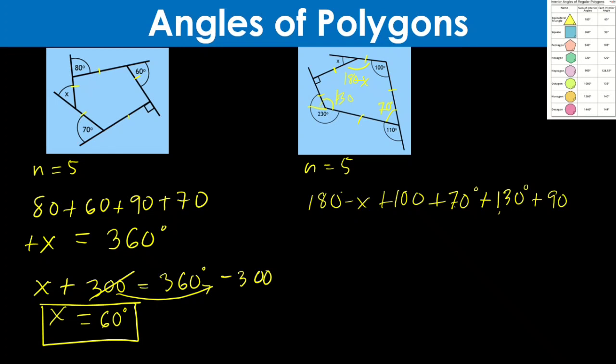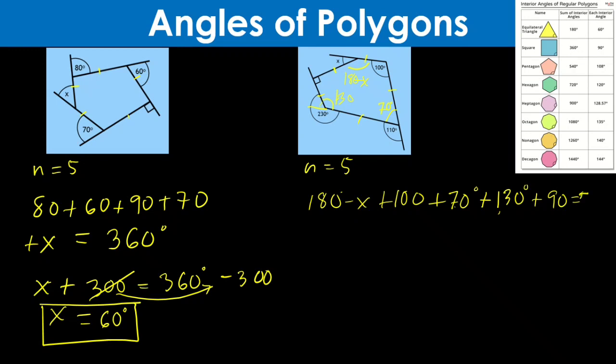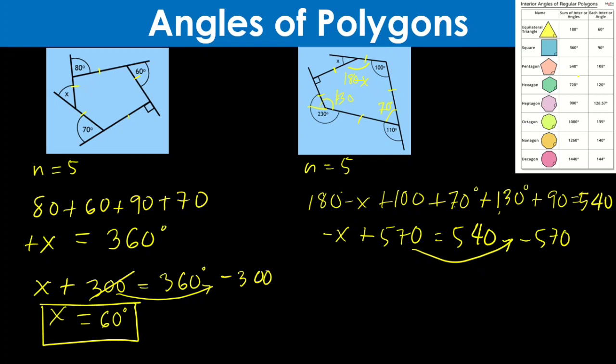Okay, and since this is a pentagon, total angle of a pentagon is 540. Gives us negative x, and all the angles here will sum up to 570. 570, and the right side is 540. Now we can move this here. That's minus 570. It's now moved. The negative x equals, this one is negative 30.